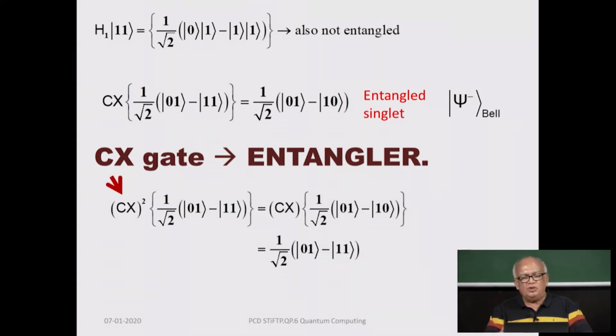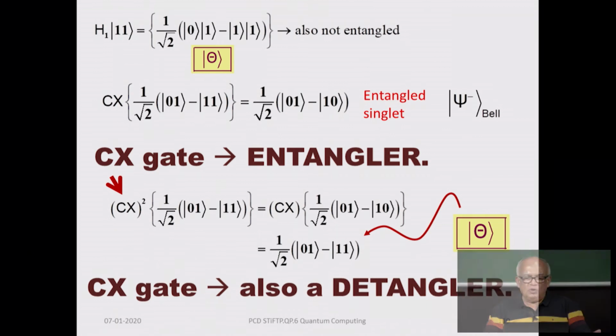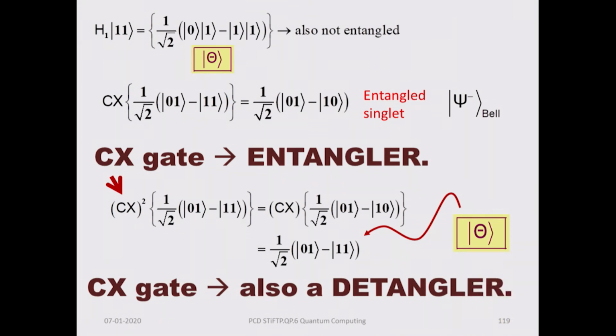So, what you are doing is you are operating by control NOT square, right, and you end up getting the unentangled state that you had at the previous step. So, it is also called a detangler. Okay. So, it entangles detangled states and it detangles entangled states. Okay. So, that is what a control NOT gate does.